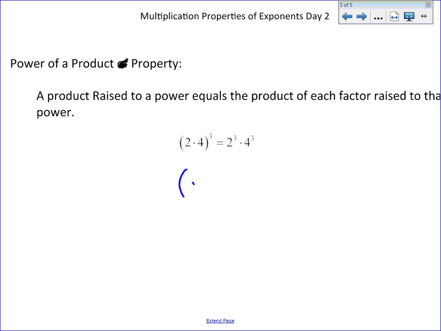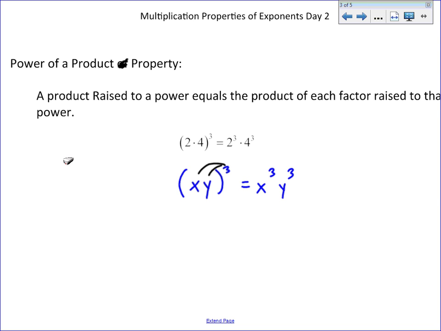So you might see something like x, y, and all of that to the third power. What this means is that this third power is going to distribute to everything within there. And so what you would get is x to the third power, y to the third power.